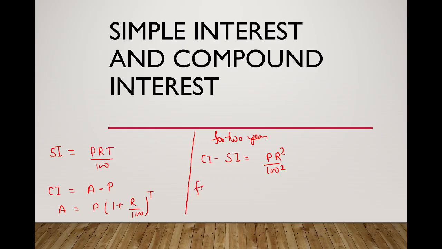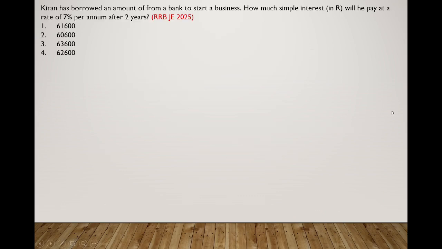Similarly, for 3 years, compound interest minus simple interest equals PR squared divided by 100 squared into (300 plus rate) divided by 100. I can prove it, but there is no need to prove it, so I'm not proving it. So let's apply the formulas one by one and solve the problems.